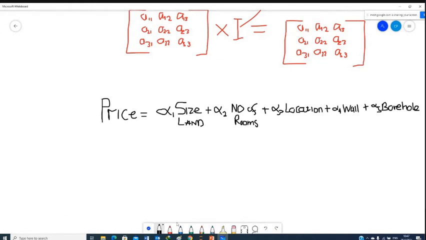So what we then do is, you can write this in matrix notation.